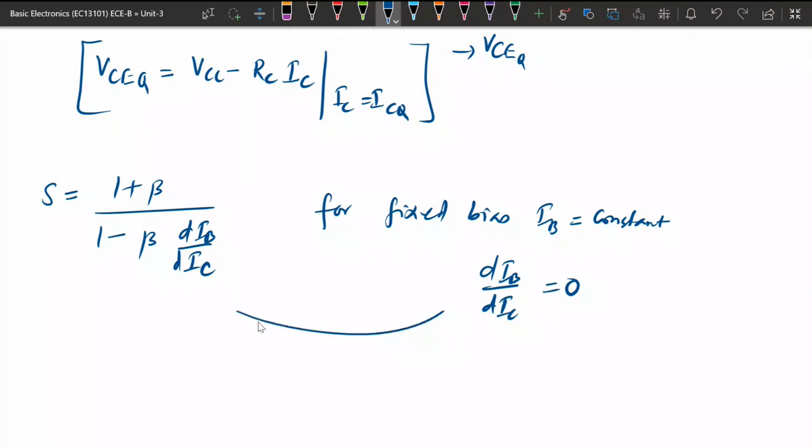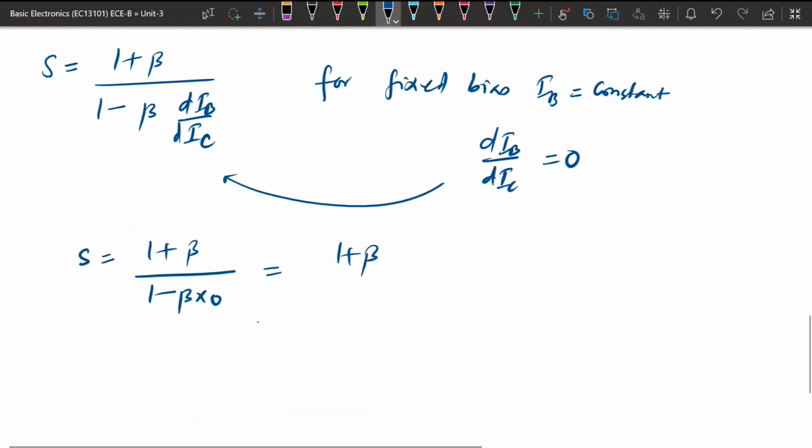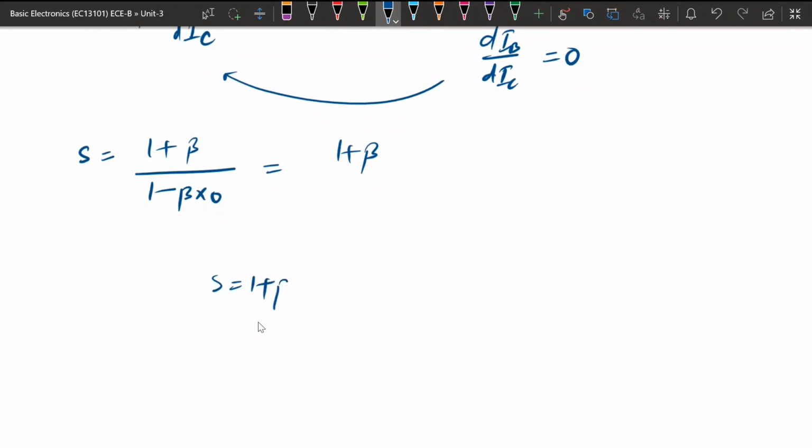So by putting this here, we get S equals (1 plus beta) divided by (1 minus beta into 0). So that is 1 plus beta. Okay, so here S is 1 plus beta. So the stability factor in case of the fixed bias circuit is 1 plus beta.